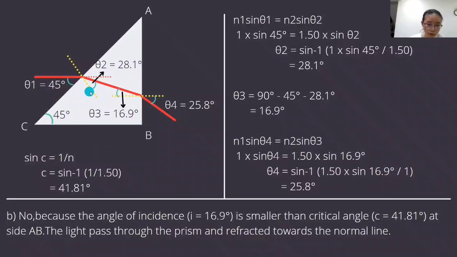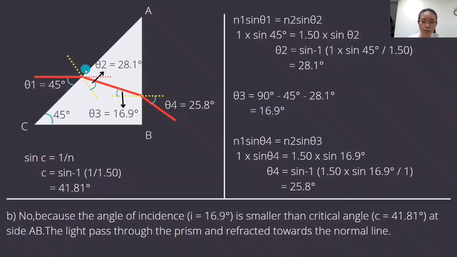I have labelled it here. By using this formula, n1 multiplied with sine θ1 equals n2 multiplied with sine θ2, we put the values in it: 1 multiplied with sine 45 degrees equals 1.50, which is the refractive index of the prism, multiplied with sine θ2. Then calculate it. We will get the answer 28.1 degrees.